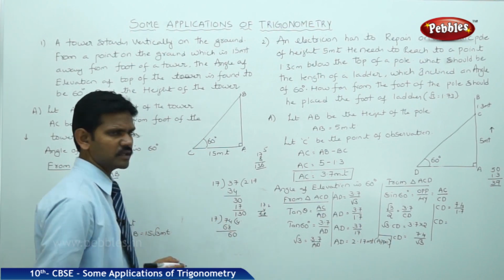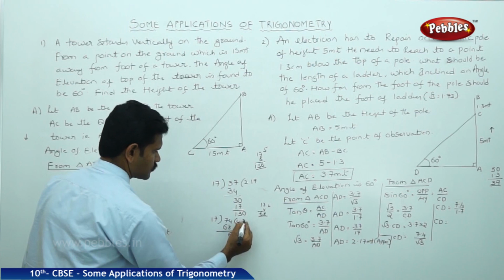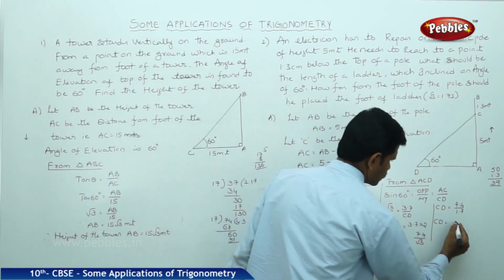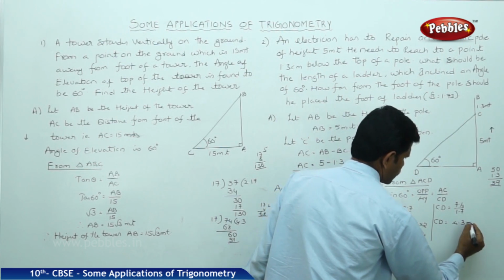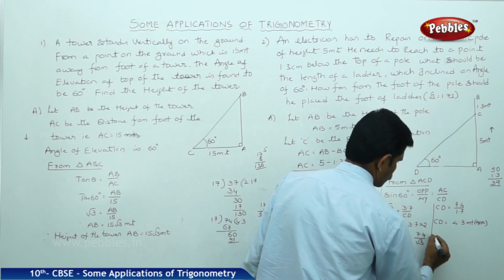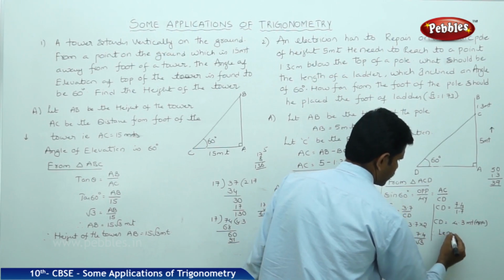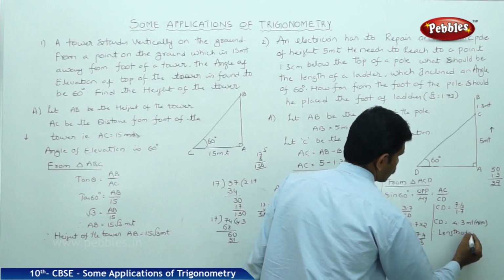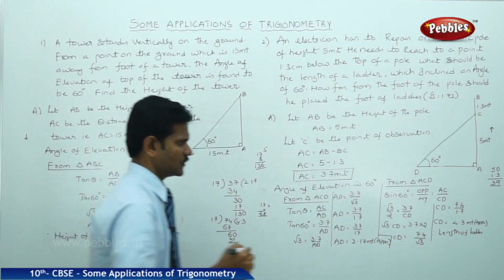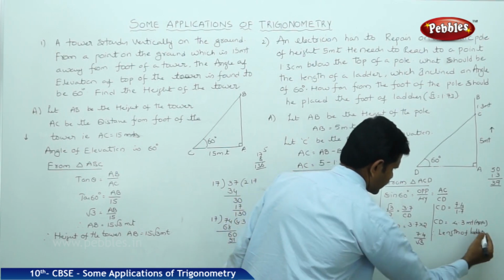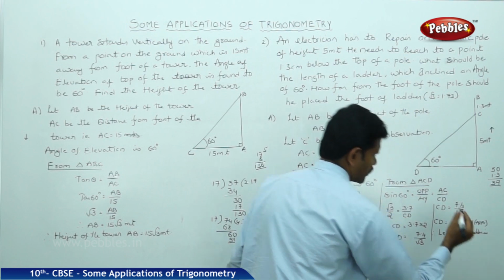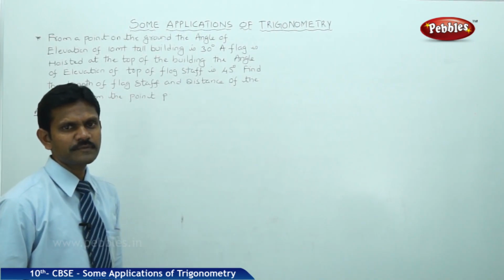Now 17 threes are 51, that is 4.3 meters approximate. Therefore the length of the ladder CD is 4.3 meters. Let us follow the next example.